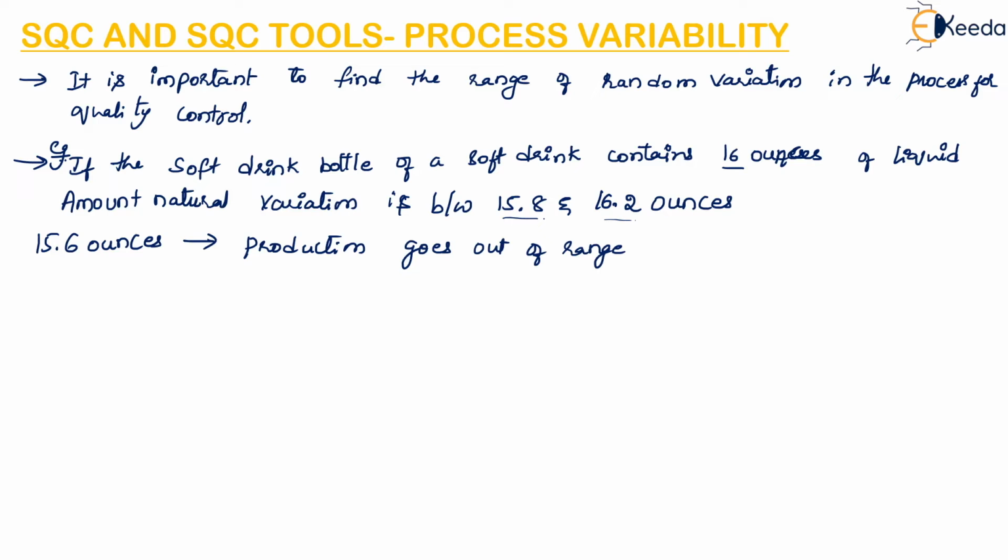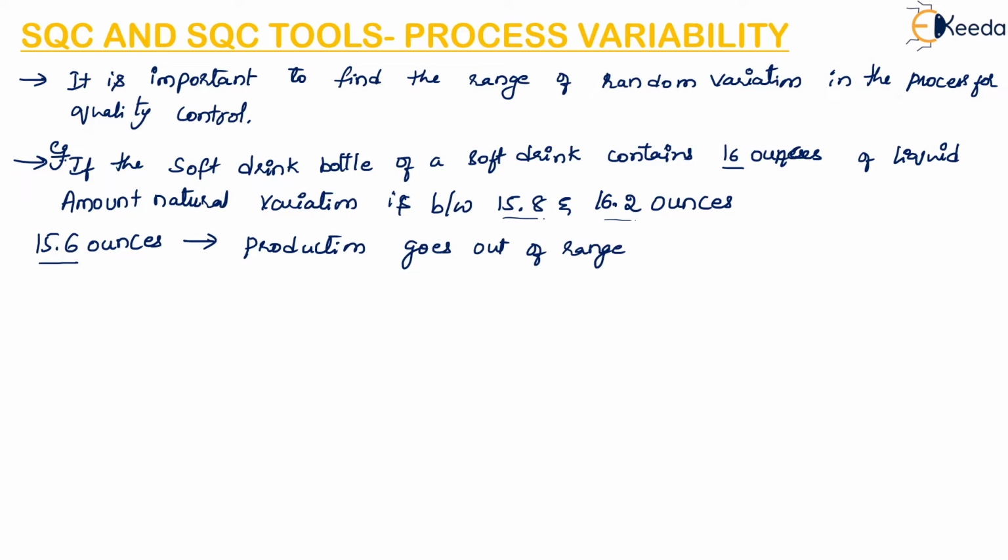So the range is 15.6 to 16.2. Here it is 15.8 to 15.6, but the filling up to which it is filled is 15.6. So it is out of this range which we had already decided.